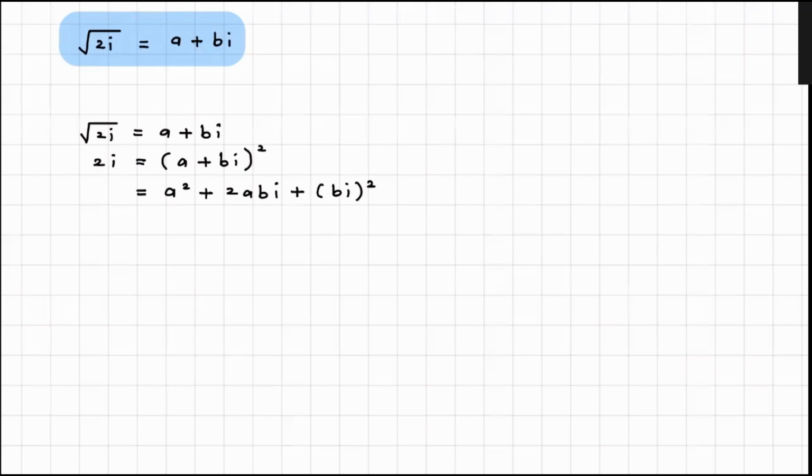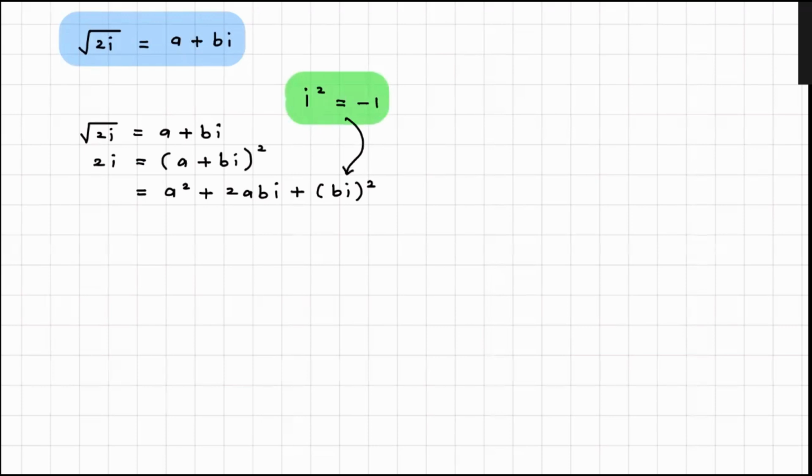At this moment, I think most of you should know this: i squared equals -1. So what I'm going to do is put it here.